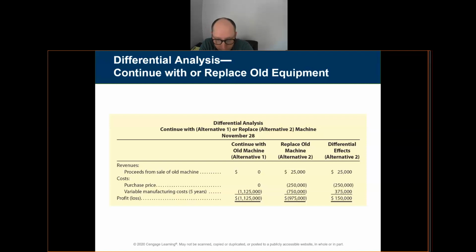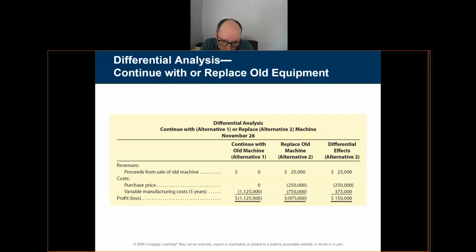The variable manufacturing cost for 5 years is 1,125,000. So in other words, if I keep the machine, my operating cost for the remaining 5 years of its useful life is 1,125,000.